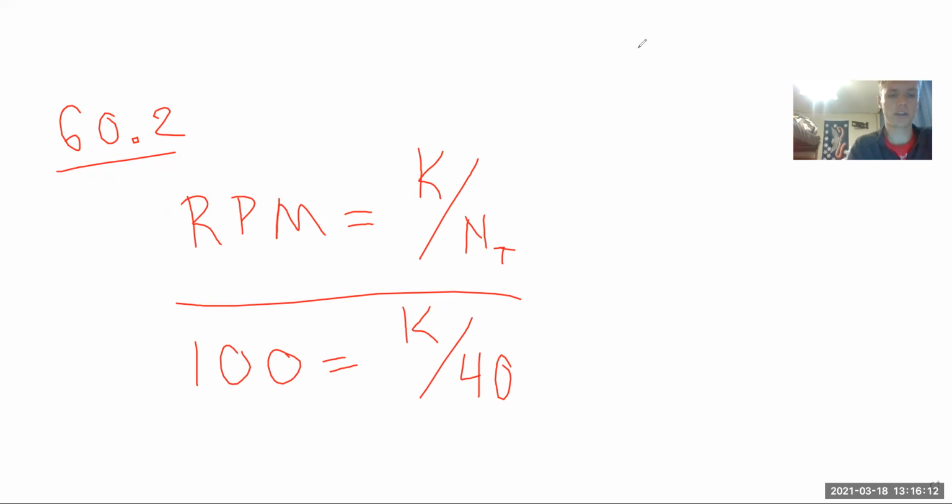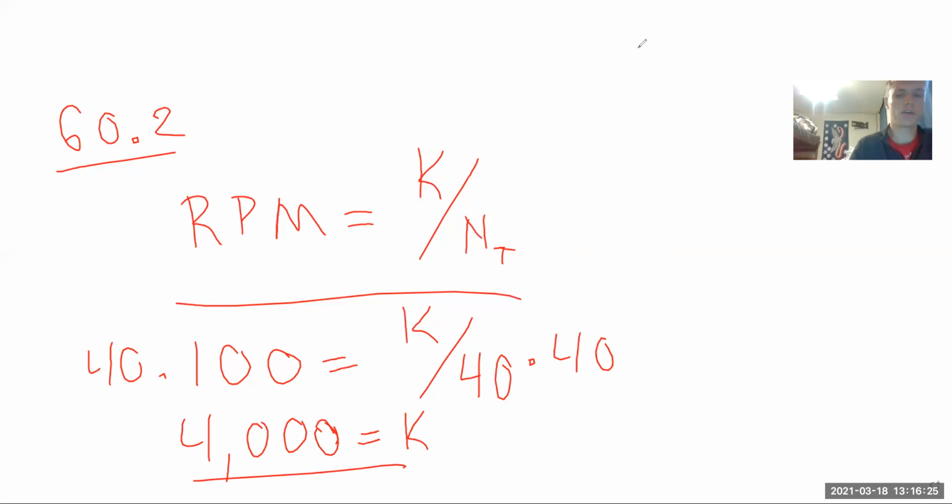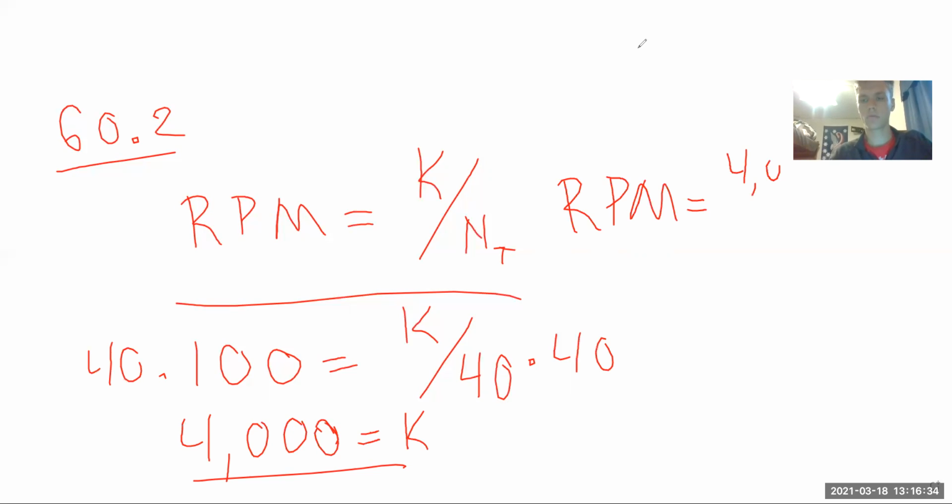And so what you do is you solve for K. You multiply both sides by 40, trying to isolate K. 4,000 equals K. You put that back in our equation. We have our actual full equation now: RPM equals 4,000 over the number of teeth. So we can solve that for RPM when there's 30 teeth. That's what the next question asks.